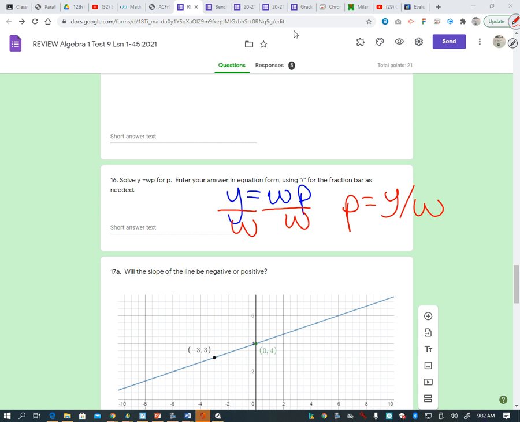Y over W. It better be P equals. If it's not P equals, it's wrong because they told you to solve for P. So you said y divided by W equals P. Yeah, I'll take that.